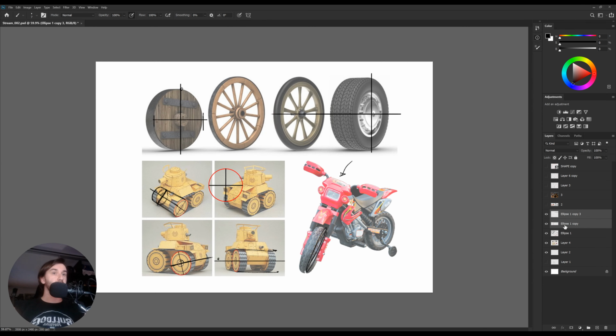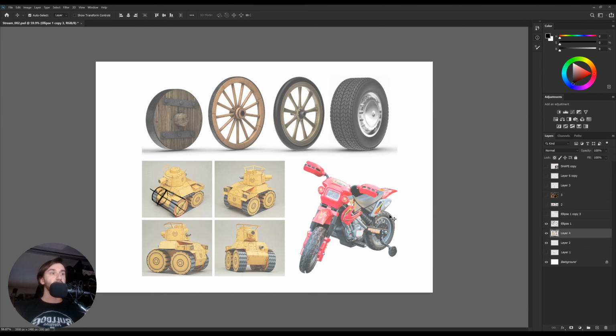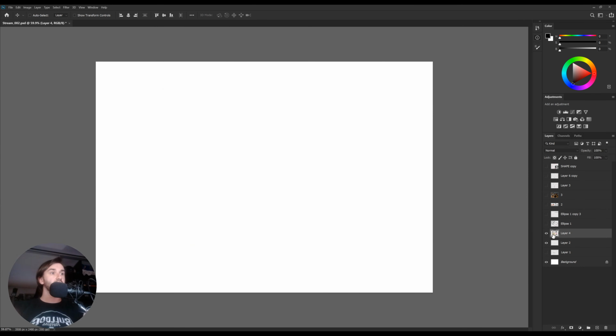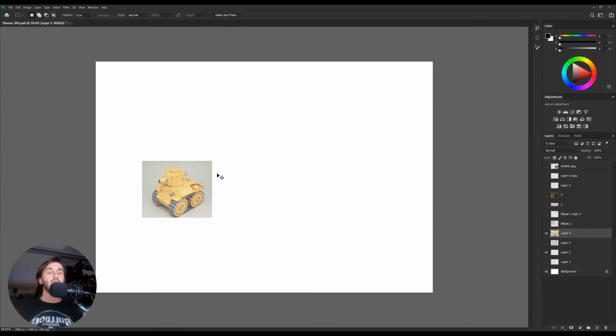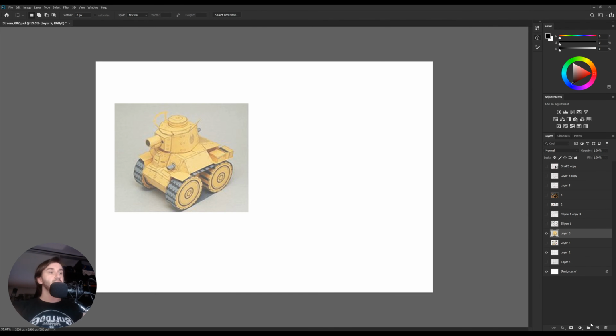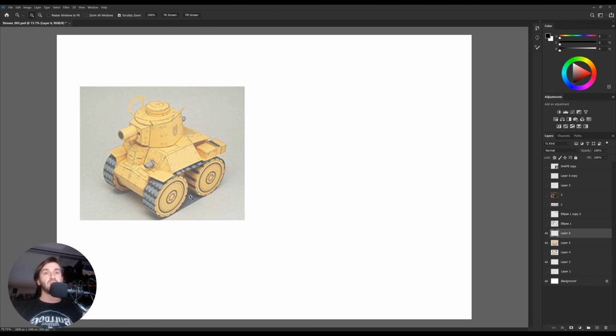So continuing with this one, for example, if we were to draw something like this tank, let me extract one of those tanks in here, or maybe this one because it's drawn from the front. What we should do first is try to guess the perspective, or just try to draw the perspective in a way that will be similar.